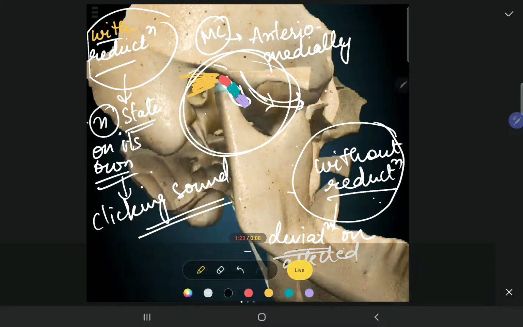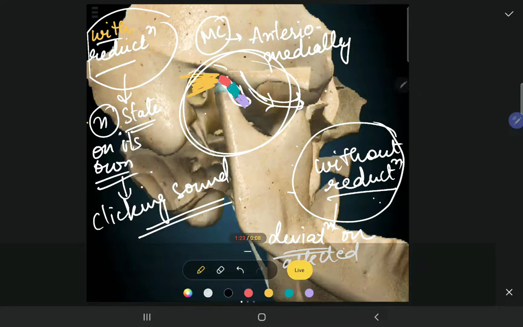Now that you understand, the disc displacement is when the disc is displaced. This articular disc is between the condyle and the glenoid fossa, as I have shown you in this animated video over here, and this disc is displaced anterior-medially. We see that there is anterior disc displacement.